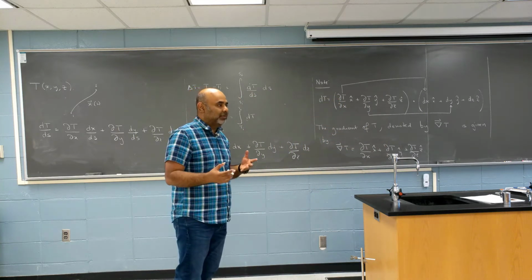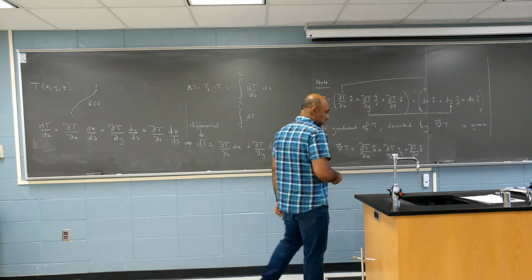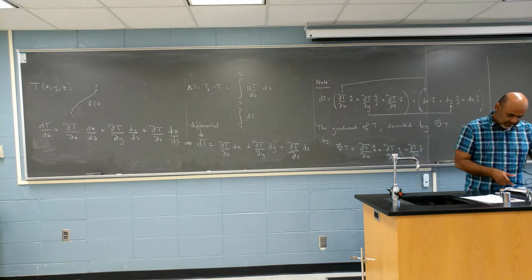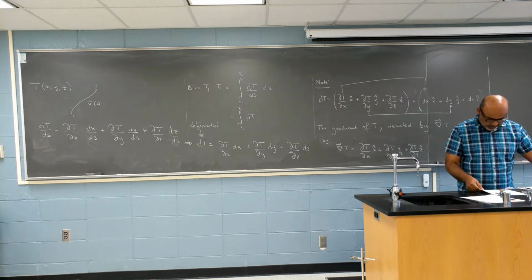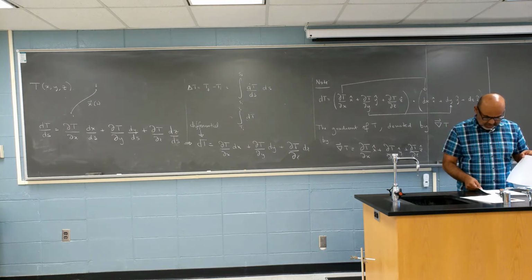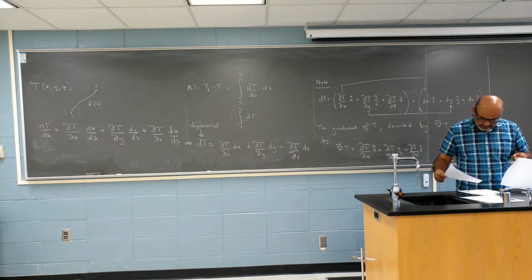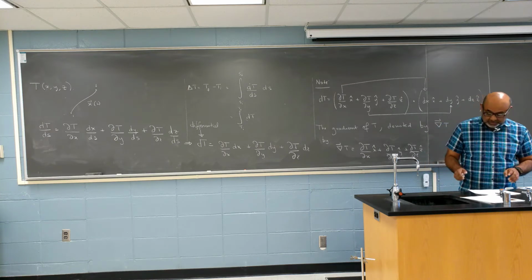A good example for a vector field is an electric field, a magnetic field, and so on and so forth. Okay, when am I doing examples? Bear with me for a couple more problems and then let's do examples.